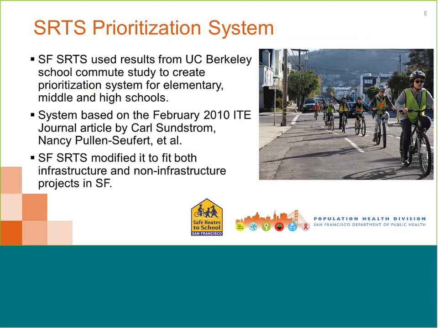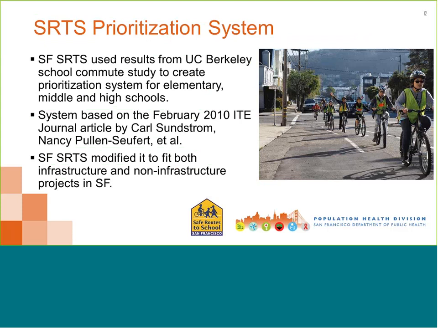Basically, this data allows our program and the city's efforts to be data-driven. It's not about the squeaky wheel getting the grease, because some of the most underserved schools don't have the capacity to be reaching out to the city, and we are using this data to fill that gap and fill that need. So we use those results from the UC Berkeley Commute Study. We created a prioritization system. It's not a very sexy title, but that's what we call it.